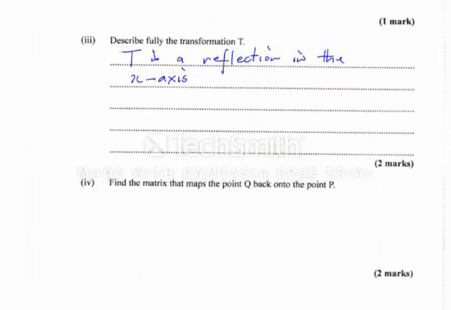Now let's have a look at this part of the question. It says find a matrix that maps the point Q back to P. What they're basically asking you to do is to find the inverse matrix.